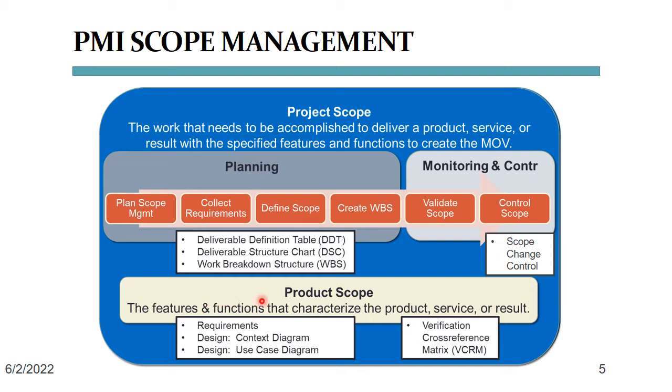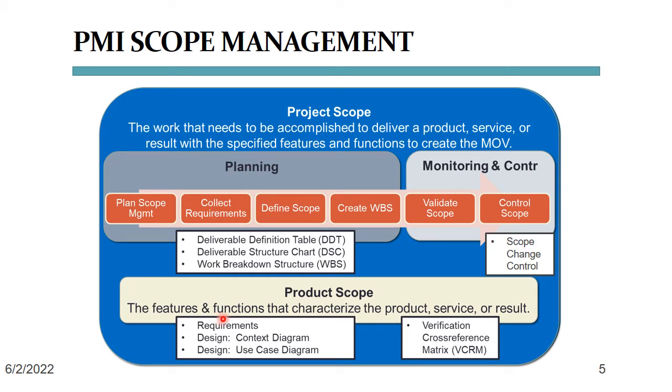The product scope is essentially technical in nature and includes the functional and technical requirements and the most important diagrams, such as the context diagram, in which we will see the data flows that connect our product with external applications and within its own modules, and one or usually many use case diagrams that show the tasks that our user needs to perform on our product.